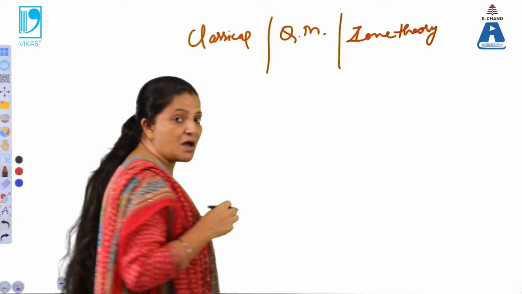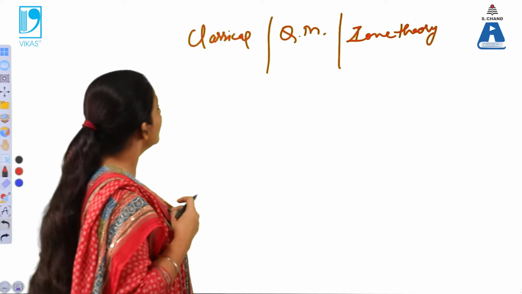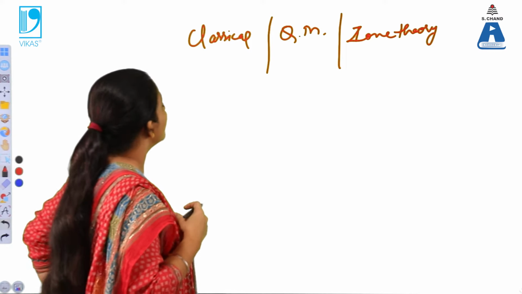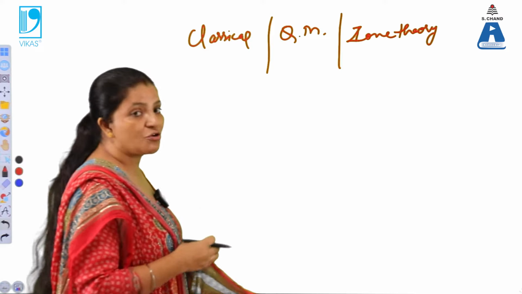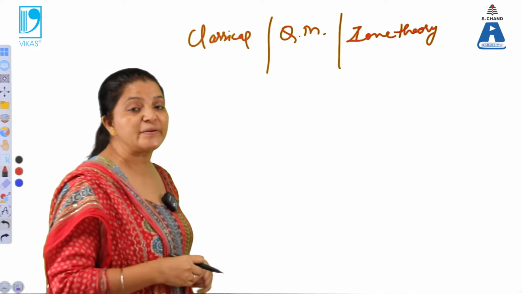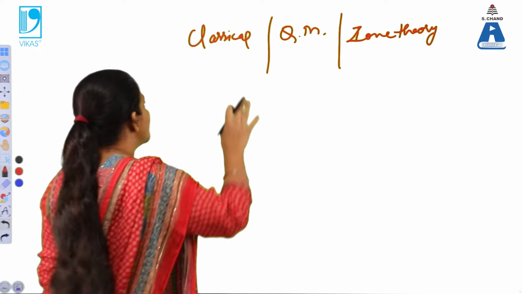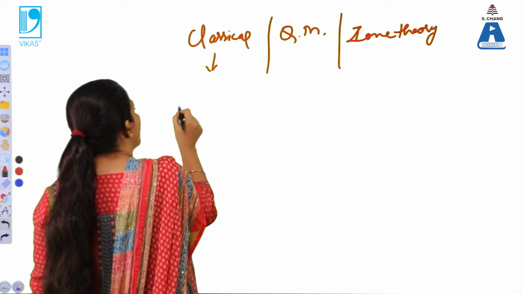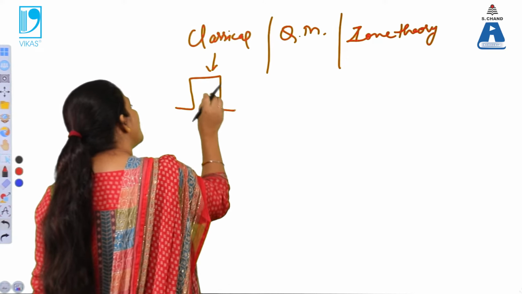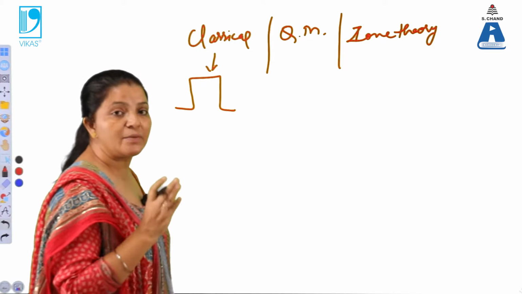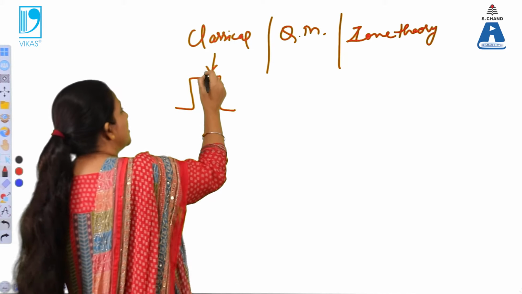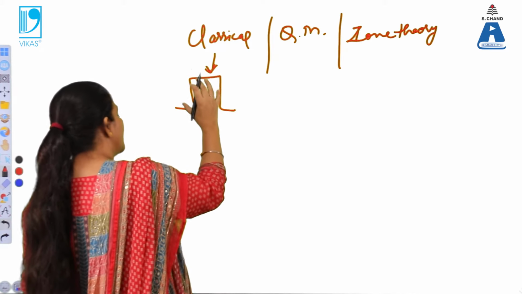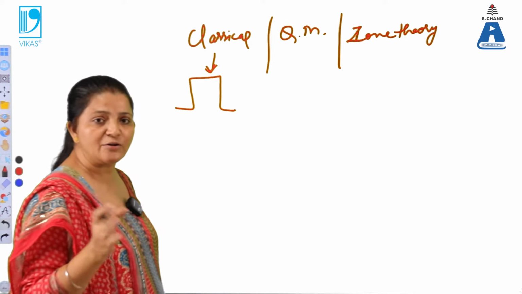These three theories were developed in order to explain the motion of the electrons present in a solid. Classically, the particle can move only within this box. It will remain trapped when the potential is applied, or when the potential is not applied to the solid.